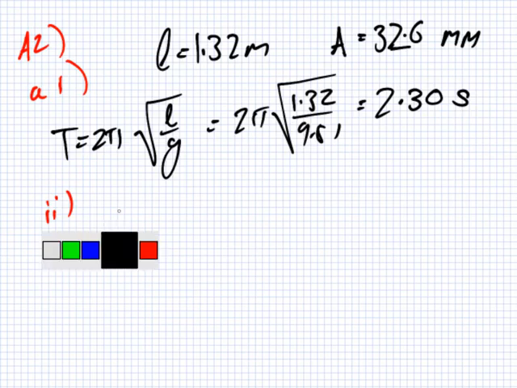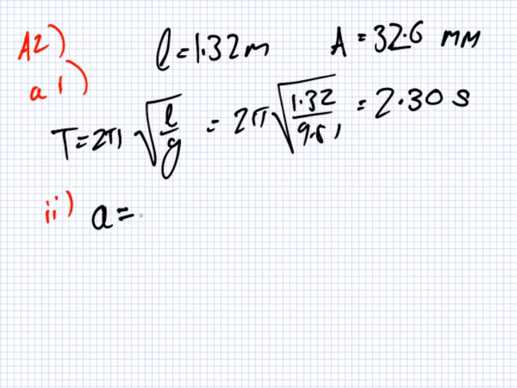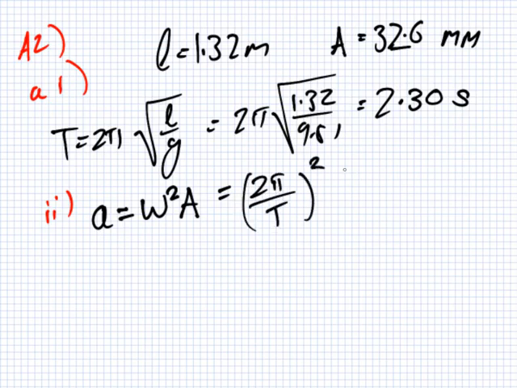Okay, number 2 is what is the acceleration? So the formula for acceleration, when they want the magnitude, meaning they don't care about the sign, is omega squared amplitude for the maximum. Omega is 2 pi over T, squared, and the amplitude is 32.6 times 10 to the minus 3.